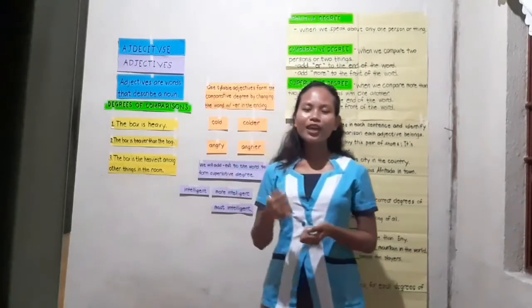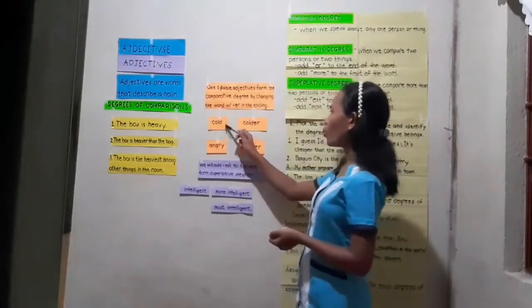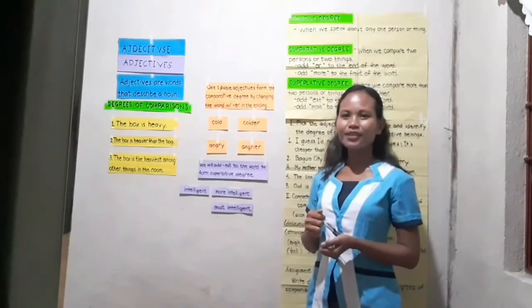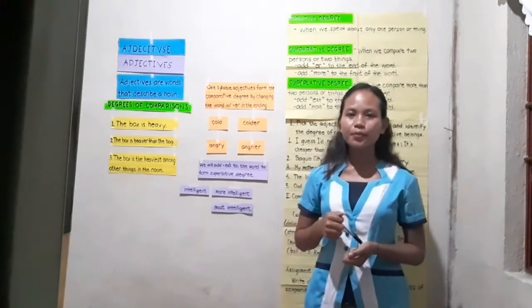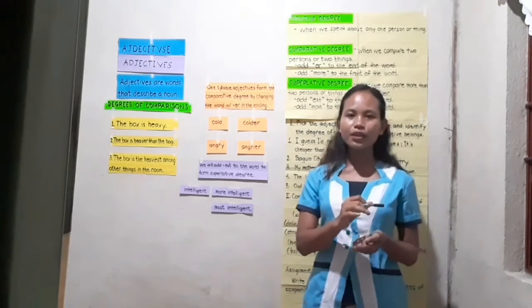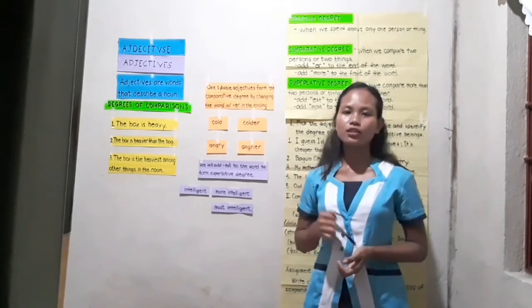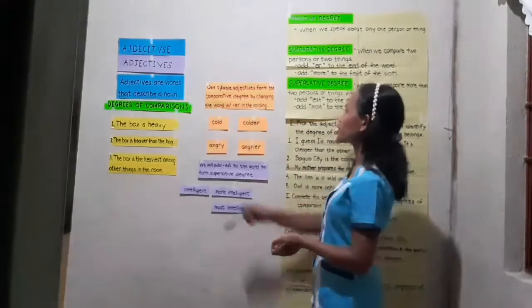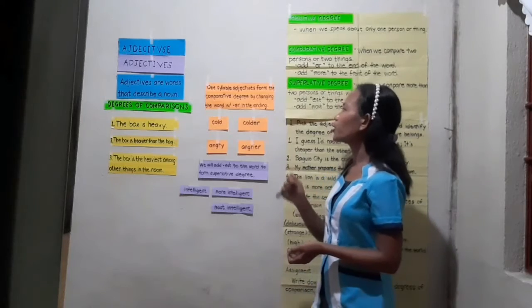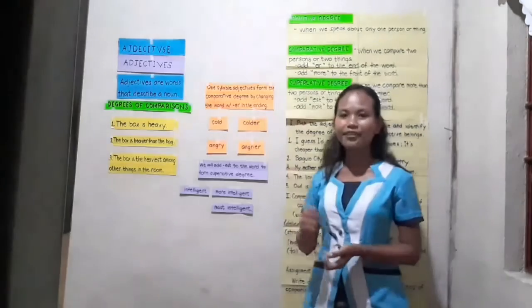Okay, I would like to ask how many syllables does the word cold have? Yes, only 1 syllable. Okay, what can you say about the change from positive degree to comparative degree with a 1 syllable adjective? Of course, 1 syllable adjectives form the comparative degree by adding ER in the ending.